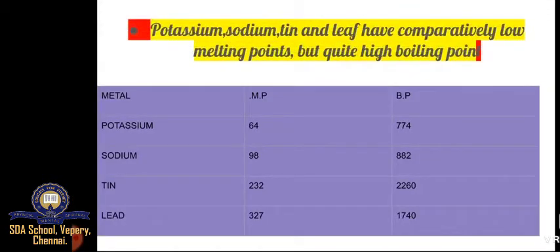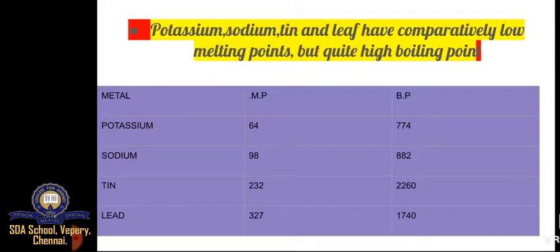Potassium, sodium, tin and lead have comparatively low melting points, but they have a high boiling point. Here they are given. Potassium has a melting point of 64 and a boiling point of 774. Sodium's melting point is 98 and boiling point is 882.